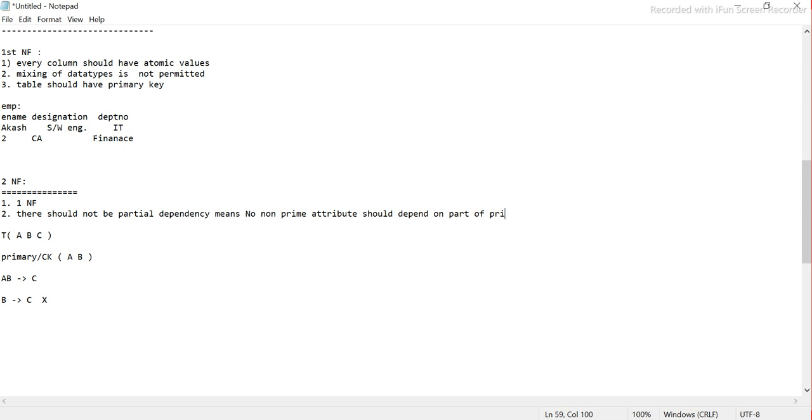Got it? Part of the primary key. Here the primary key is made up of A and B, but if C, which is non-prime, is dependent only on B, that is partial dependency.